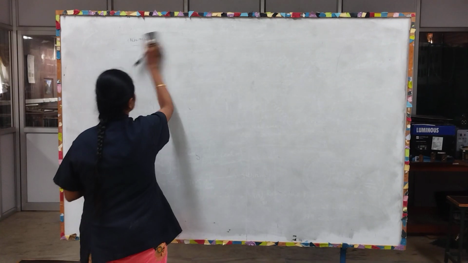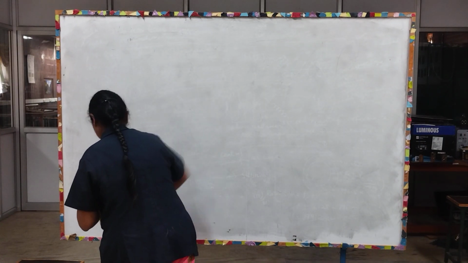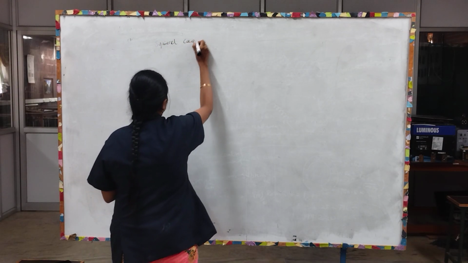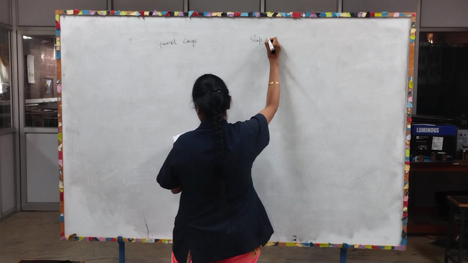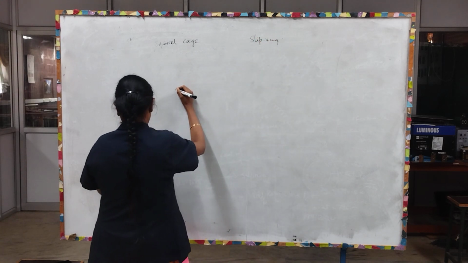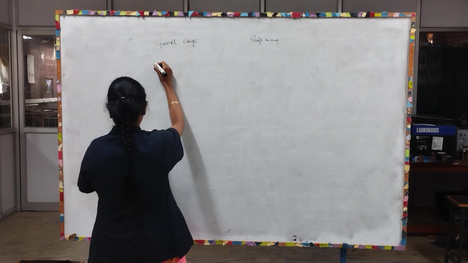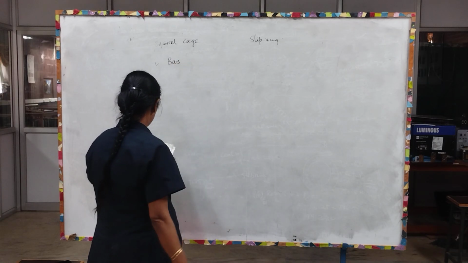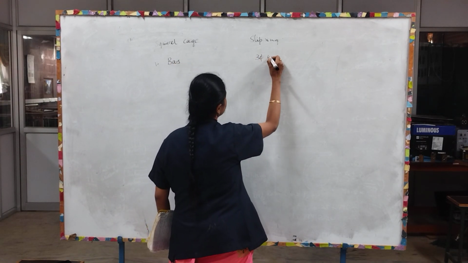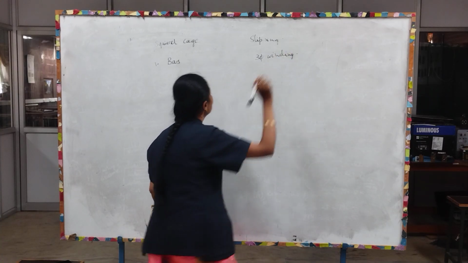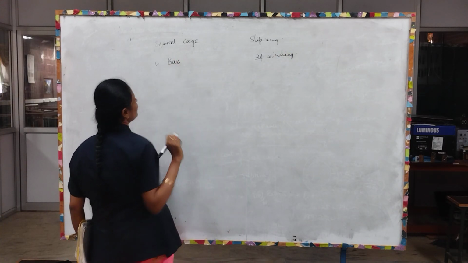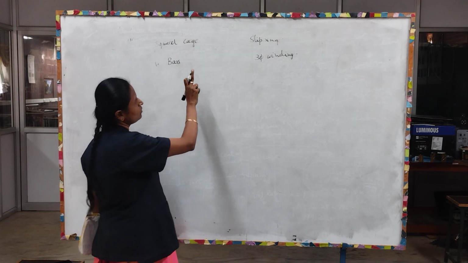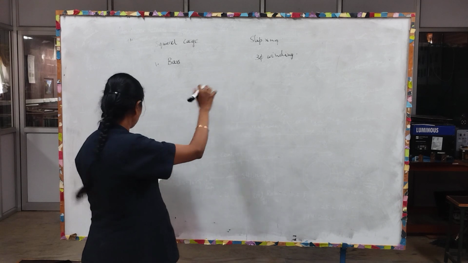In squirrel cage, the rotor consists of bars which are short circuited with the help of end rings, so speed control we can't use, whereas in slip ring the rotor consists of three phase winding.